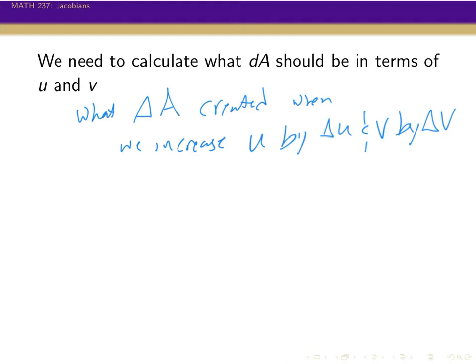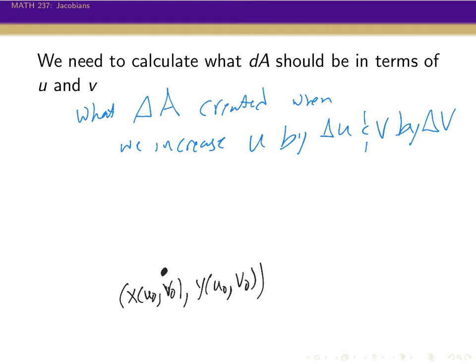Okay. And so precisely what I'm talking about is, in this case, let's say this point is x naught, y naught. And so we'll call that x(u naught, v naught), y(u naught, v naught).